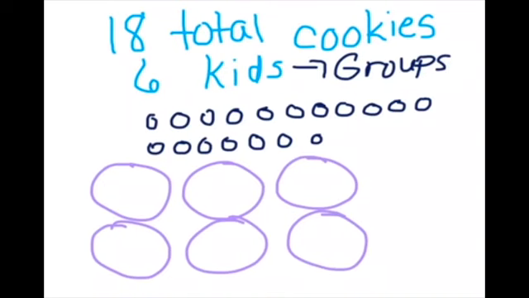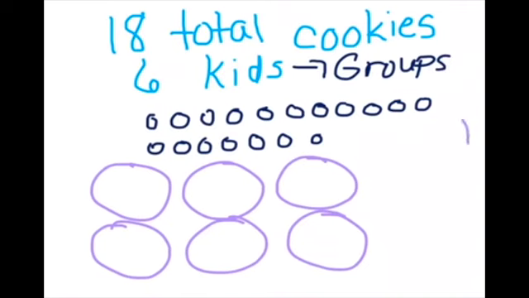Well, how could I figure out how to share those 18 cookies without messing up? Like if I did 2 here, oh, I know that wouldn't work. Oh, that's going to be really tough. This is a nice, easy way to figure out how to equally share. Okay, watch what I do.